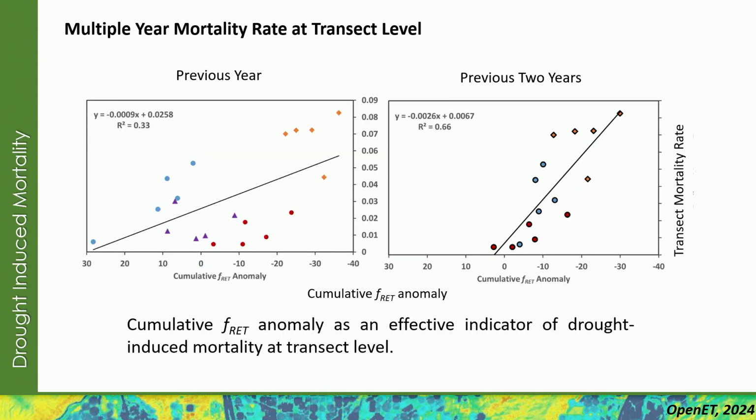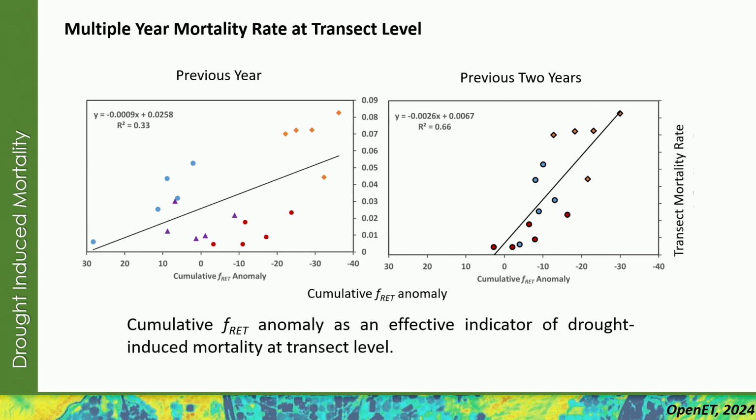And we also linked this mortality with the drought year water use change quantitatively. So the first panel here is we compare the drought year FRET anomaly with the next year's mortality.